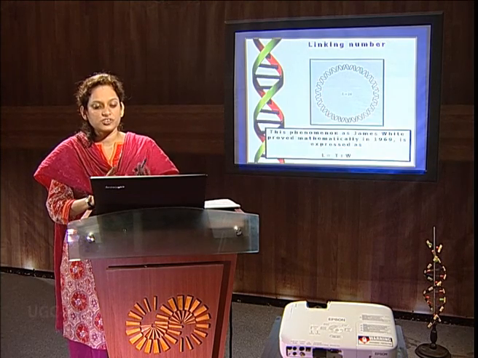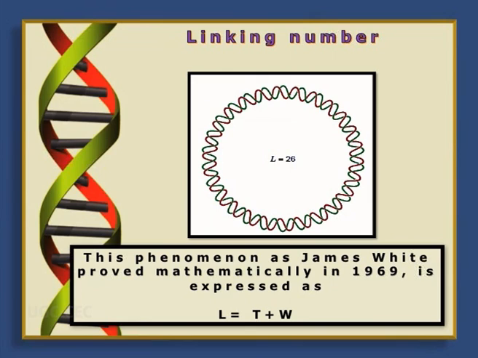Now, this picture we often find. This picture shows that the two DNA strands are intertwined with each other and the ends are closed with the help of a covalent linkage. The number of turns that one strand passes over the other is fixed and is constant for a particular supercoiled DNA.